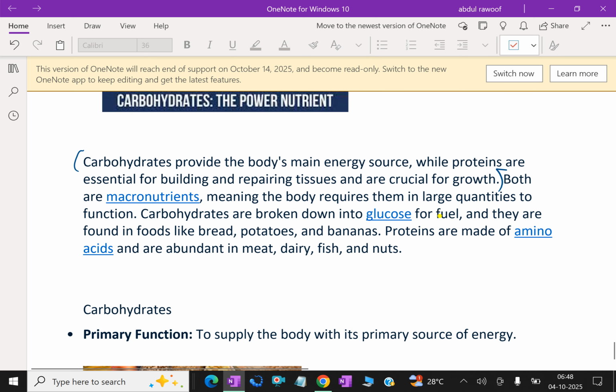Both are macronutrients, meaning the body requires them in large quantities to function. Carbohydrates are broken down into glucose for fuel, and they are found in foods like bread, potatoes, and bananas. Proteins are made of amino acids and are abundant in meat, dairy, fish, and nuts.